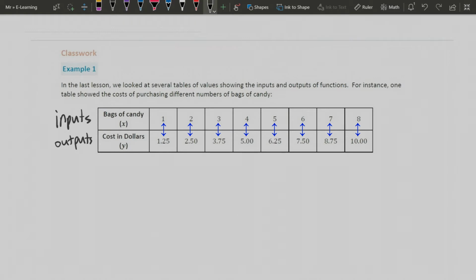But we need to make sure that there is only one output for each input, so none of the x values should repeat. It doesn't look like they do. We've got 1, 2, 3, 4, 5, 6, 7, and 8. None of them are the same, so that's fine.